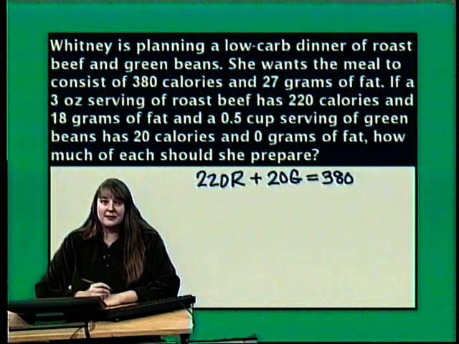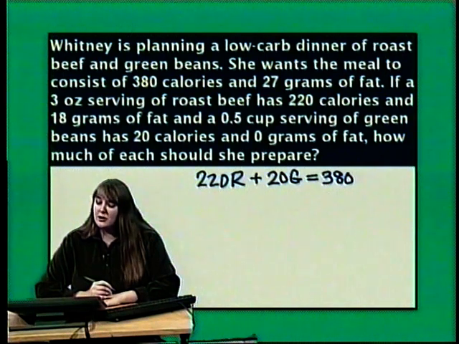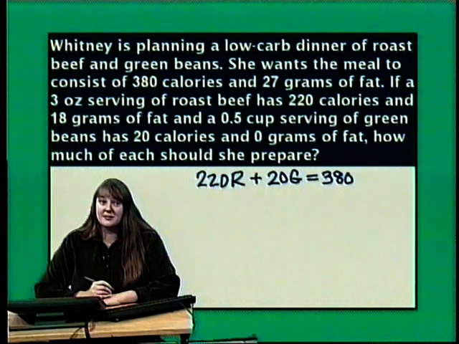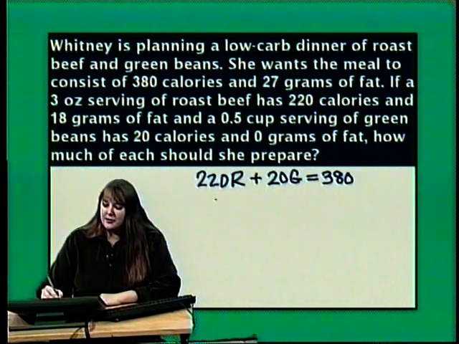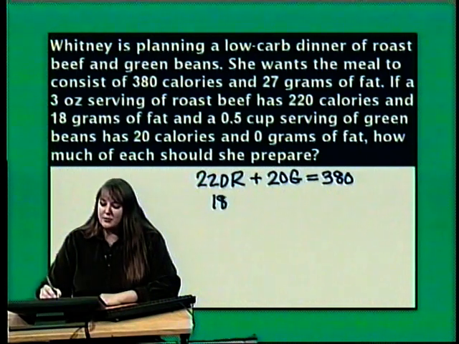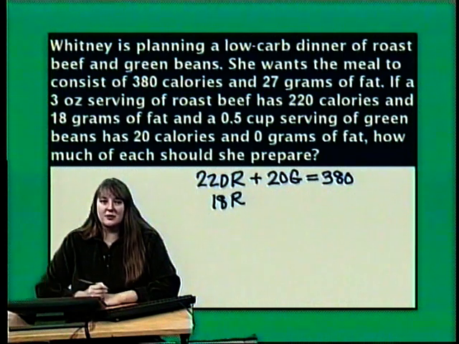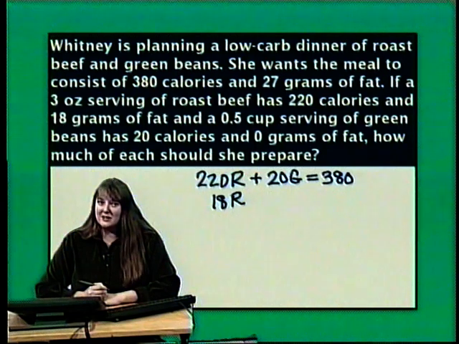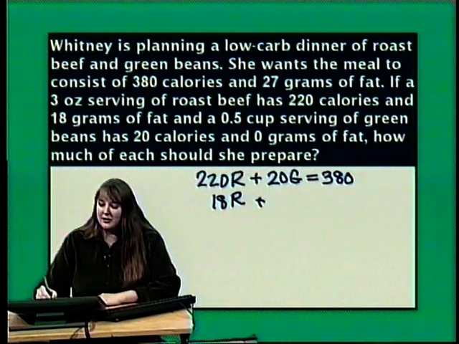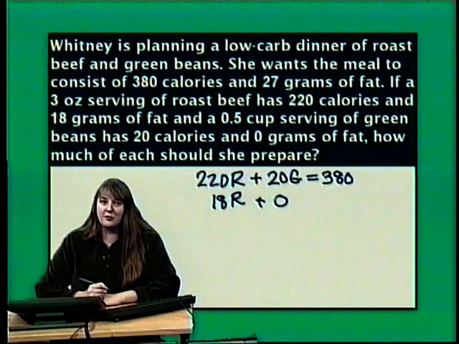Now let's look at the fat. She wants her meal to only have 27 grams of fat. A 3-ounce serving of roast beef has 18 grams of fat. So if we take the 18 grams of fat and multiply it by the number of servings of roast beef, that will tell us how much fat is in the roast beef. Green beans don't have any fat, so here we're adding 0 grams of fat from the green beans.